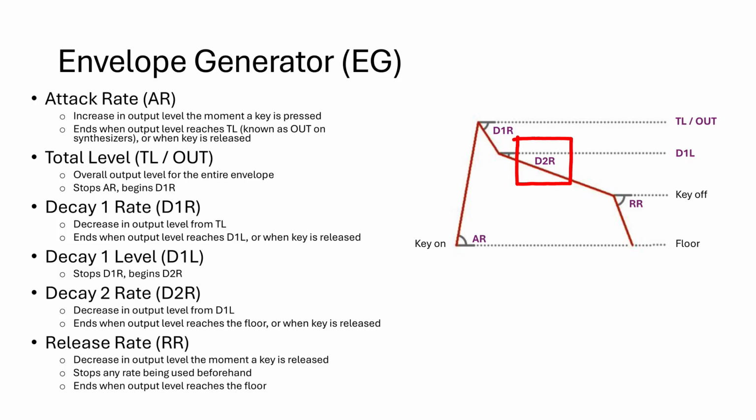So you can decay faster at first and then level off slower. And the D1L, that line there, controls where that breakpoint is. And then you have your release rate. So when you let go of the key, that's how fast it goes down to the noise floor.